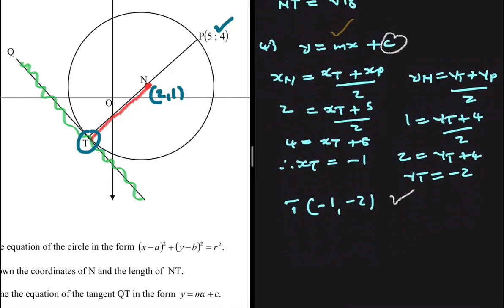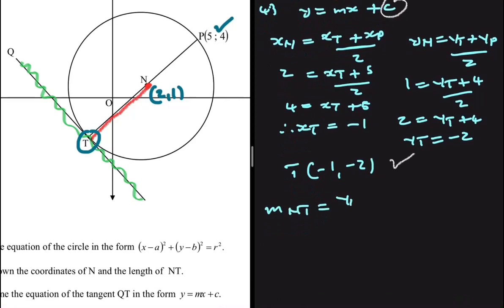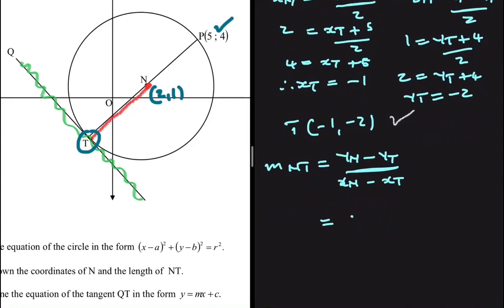The tangent is perpendicular to the radius. So if we find the gradient of the radius, then we can use that to find the gradient of the tangent. We're going to have the gradient of nt being equal to y of n minus y of t, divided by x of n minus x of t. Y of n, that is 1, minus y of t, which is minus 2.